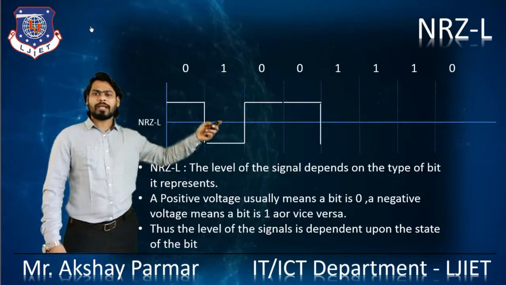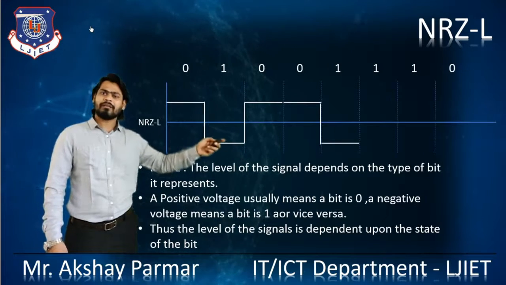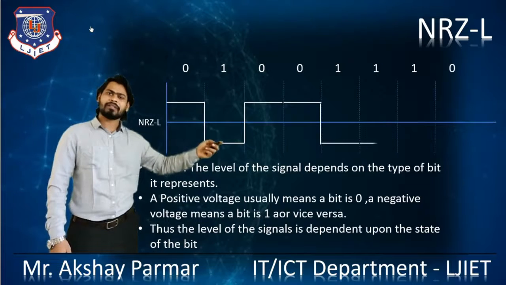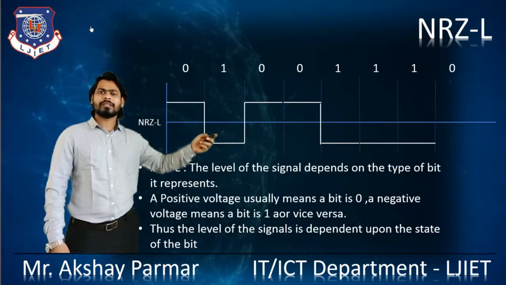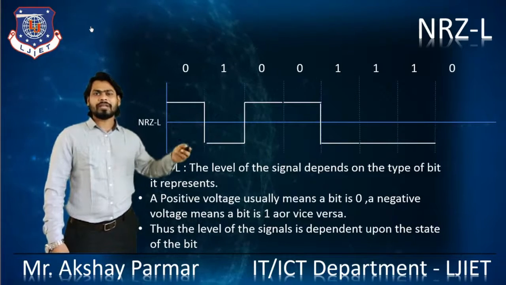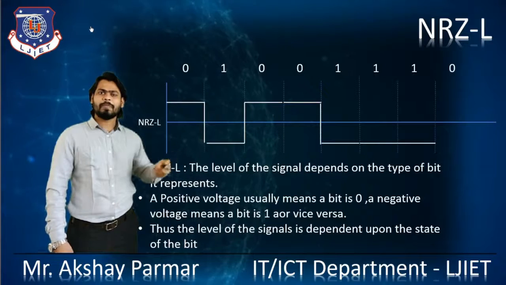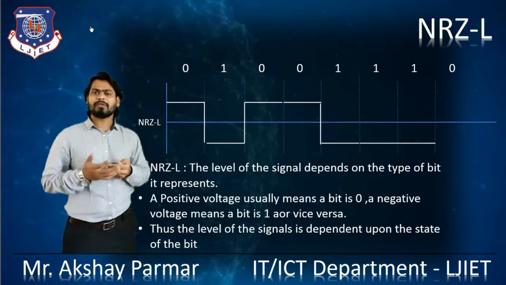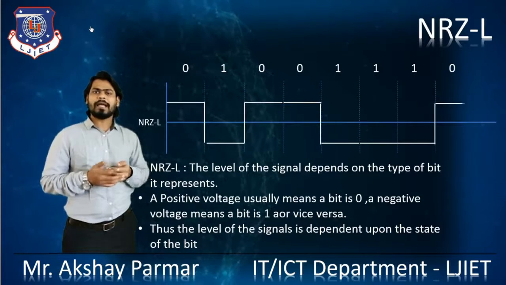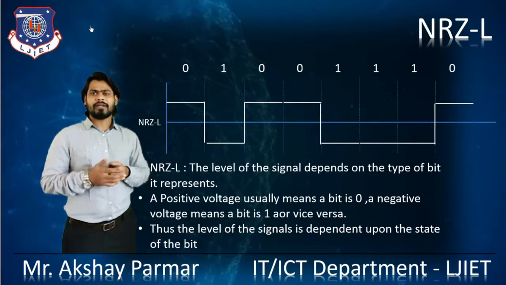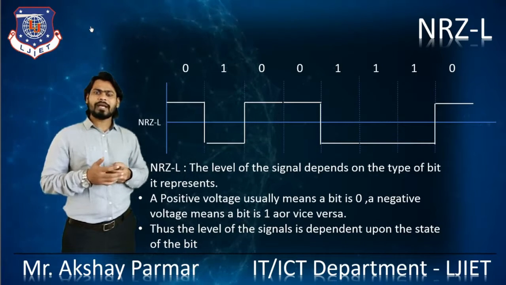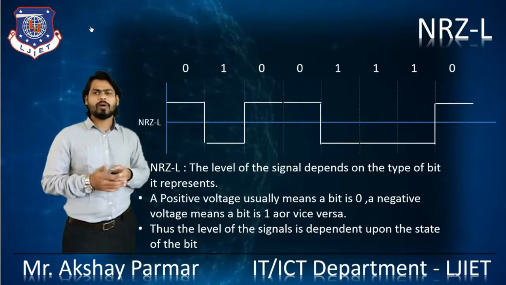Then another 1 and another 1, so the negative voltage continues. The last bit is 0, represented by the positive voltage. This is how NRZ-L encoding works.